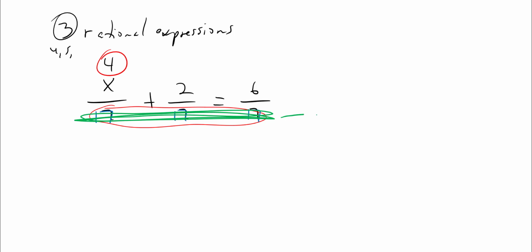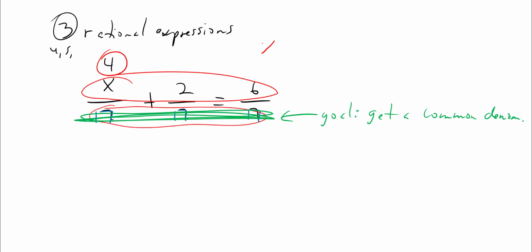So our goal is to get a common denominator. Because if I get a common denominator, then all I have to do is cross it off, and all you have to do is deal with the top. Because truly you're doing x plus 2 equals 6.